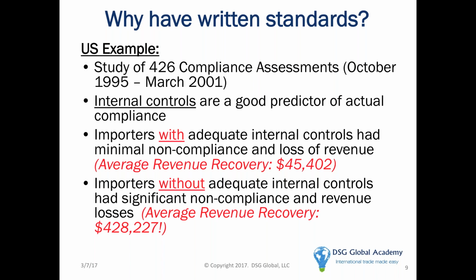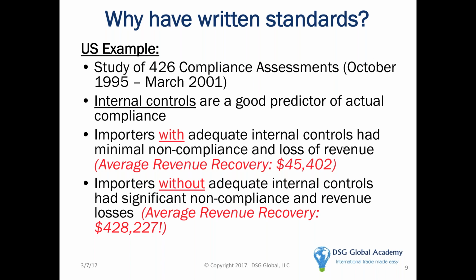They went back to over 400 customs audits that they had done in the previous decade. And they studied this and they said, there are many of these customs audits that we did where after spending a year on site, reviewing entries, trying to find mistakes, we came up empty-handed because the company was in great shape.